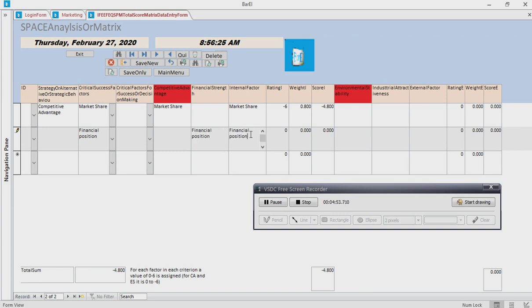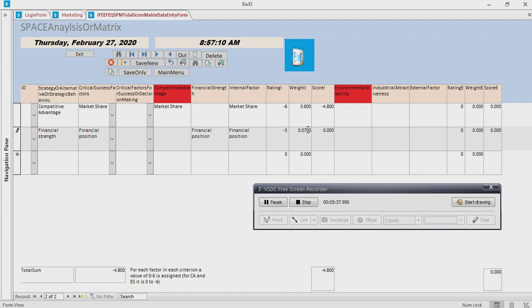It falls under financial strength. Let's say negative 3, weight 0.7.